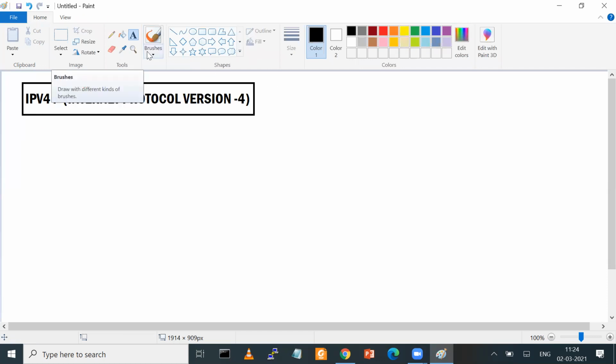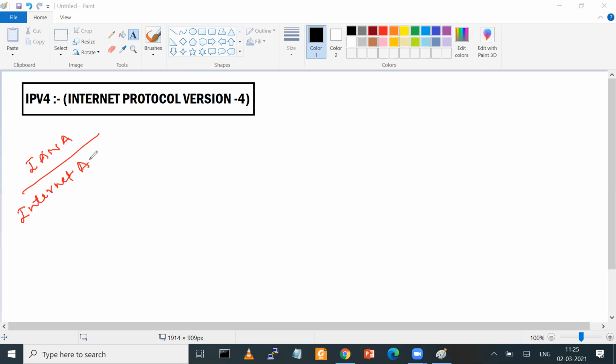IP basically, we have two versions of IP address. IP address was discovered by your INA. INA is an organization which is Internet Assigning Number Authority.